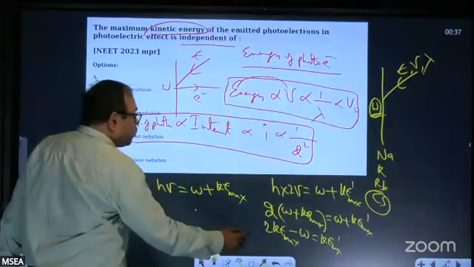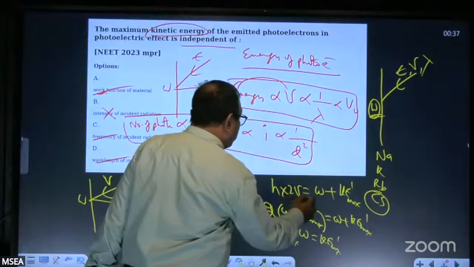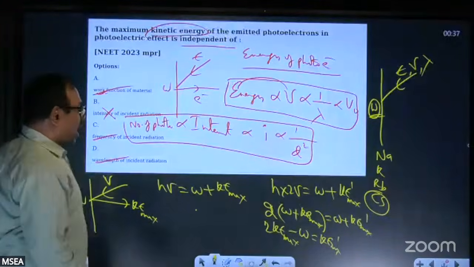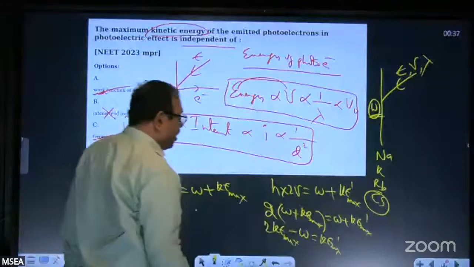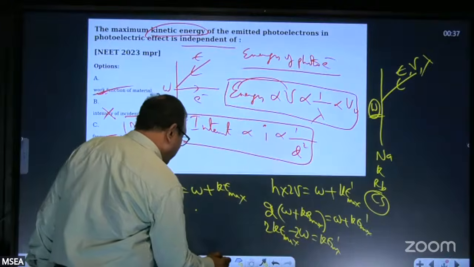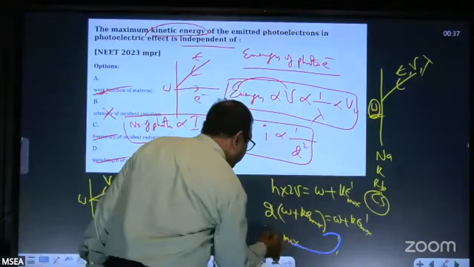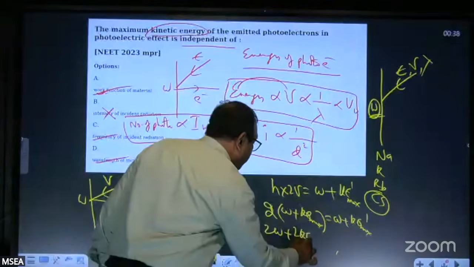So let us take 2h nu is equal to W plus Ke max, as the frequency was doubled. So as frequency doubles, wherever h nu is there, W plus Ke max plus W plus Ke max, and this is 2W plus 2Ke max.